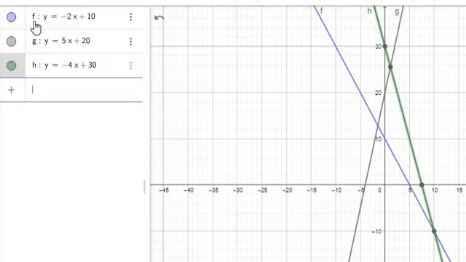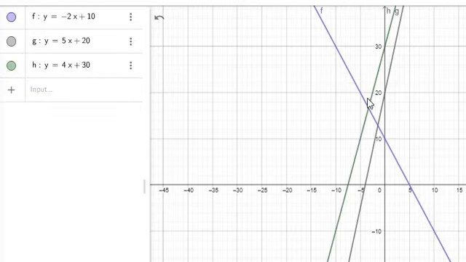Now if you look at the function f and h in the equations, the gradients are both negative and both graphs slope downwards. What if we should change negative 4x to a positive 4x? Let's see what will happen. Now as you can see, the graph slopes upwards. Change the gradient from a positive 5 to a negative 2.